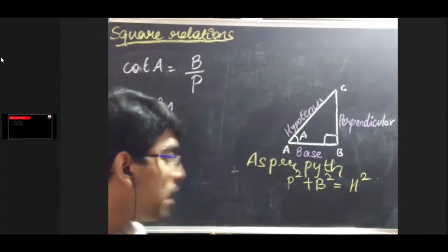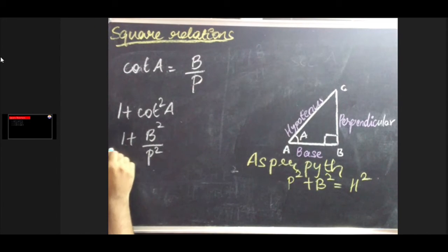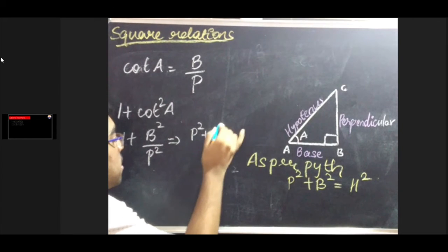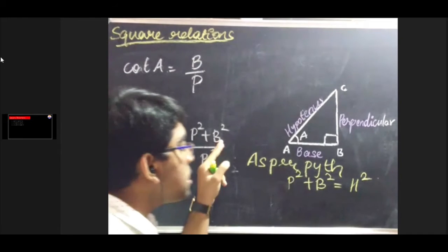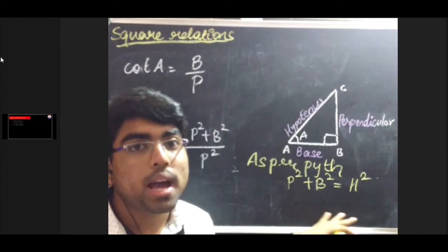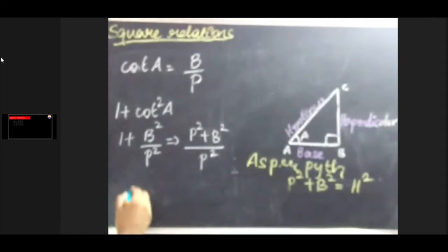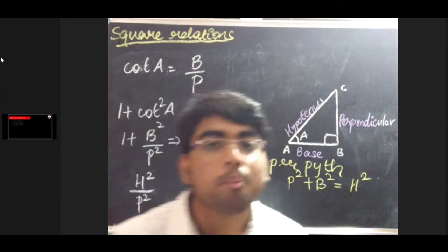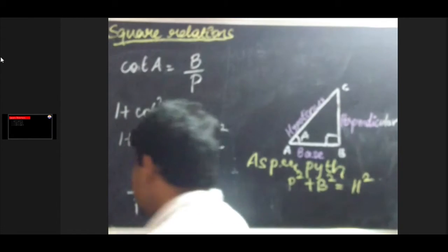Upon taking LCM, perpendicular square plus base square divided by perpendicular square. Perpendicular square plus base square is nothing but hypotenuse square as per the Pythagorean theorem. So hypotenuse square divided by perpendicular square. Hypotenuse by perpendicular is nothing but cosecant. So cosecant square A is this.